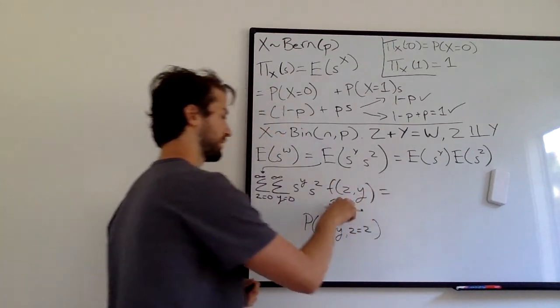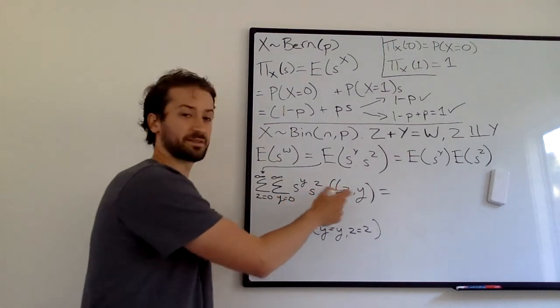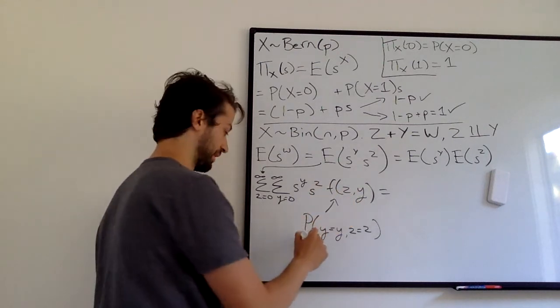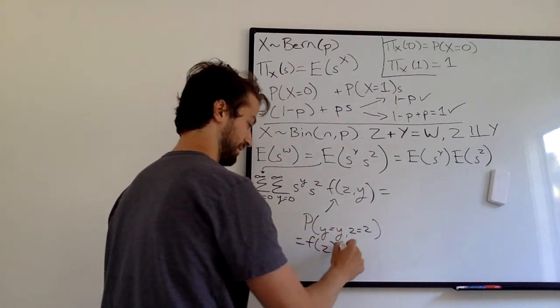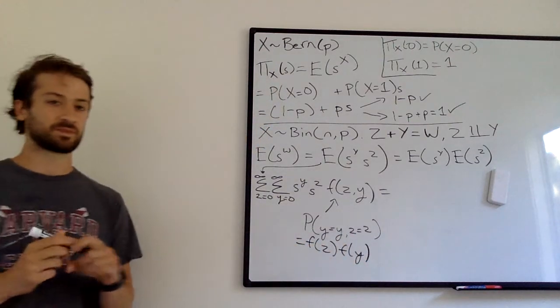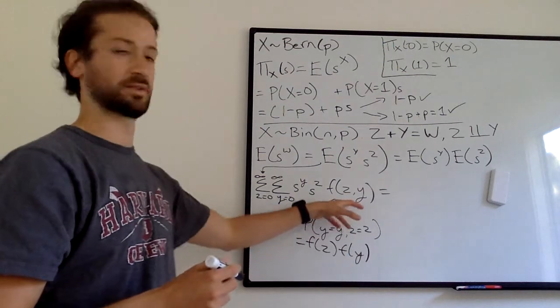And what's cool is that we know, because these two things, z and y, are independent, that f of z, y equals f of z marginally times f of y marginally, right? They're independent, so the product of the marginal PMFs is equal to the joint PMF.